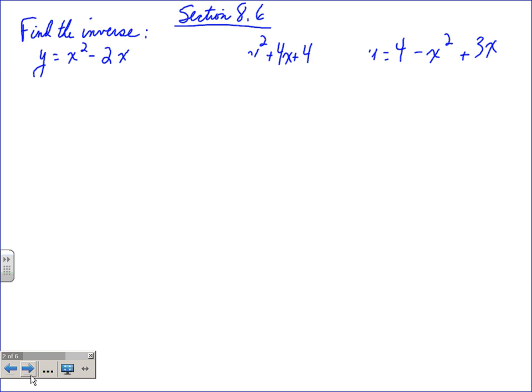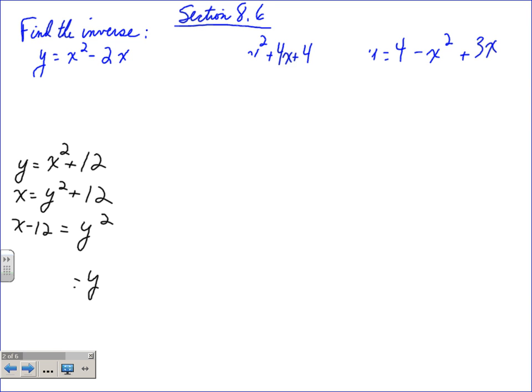Now let's get to the inverses. Find the inverse. Y is equal to, let's take an easier problem. X squared plus 12. Okay, in order to find the inverse, switch the x and y. And solve for y. Subtract 12 from each side. Simple. Then what? Square root both sides.